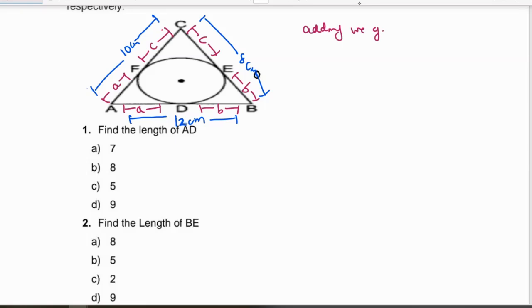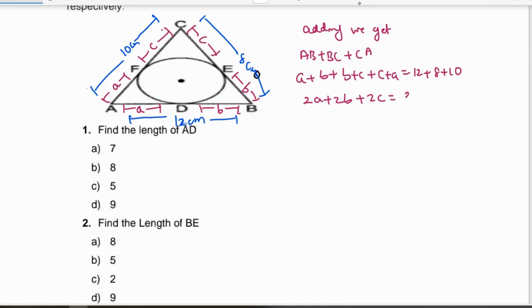So, adding, we get AB plus BC plus CA, which is a plus b plus b plus c plus c plus a, equals 12 plus 8 plus 10. So here we have 2a plus 2b plus 2c equals 30.